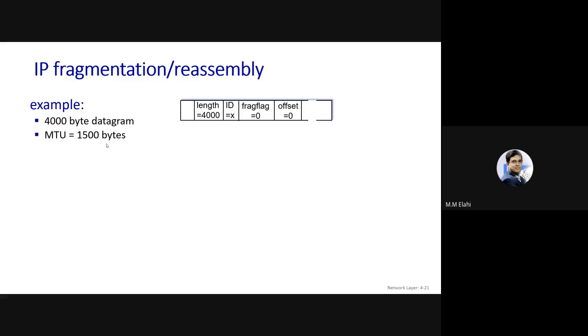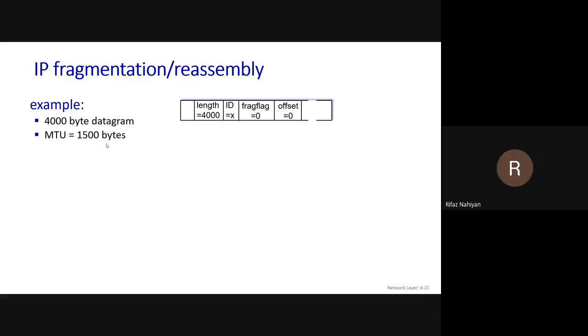So one more thing, the 4000 byte datagram has a 20 byte header, and when you fragment, every fragment will have total length 1500 including the 20 byte header. So every fragment will be a packet also with individual headers. So if I create 3 fragments, each one of these fragments will have its own header. So in fact, we can transfer 1500 minus 20, that is 1480 bytes of data in each fragment.